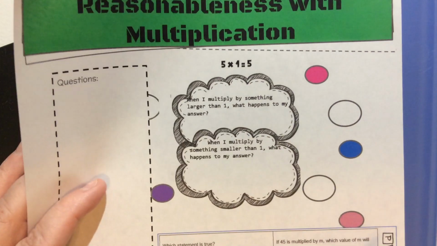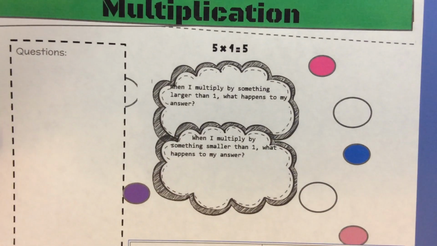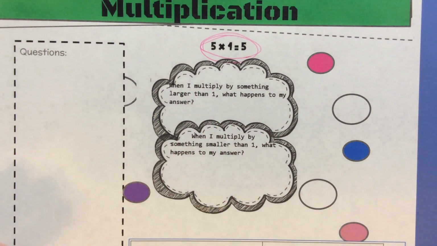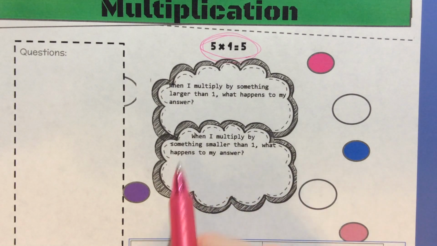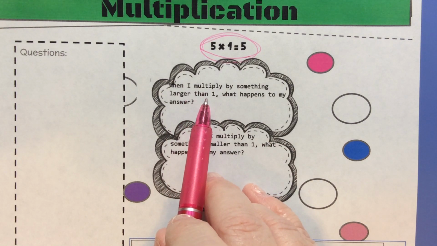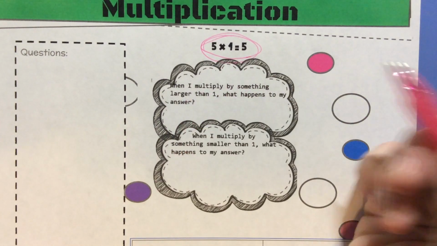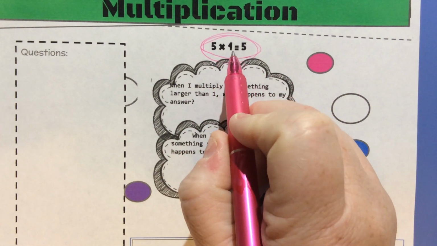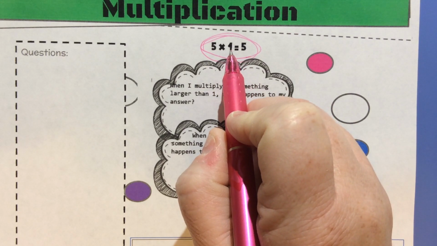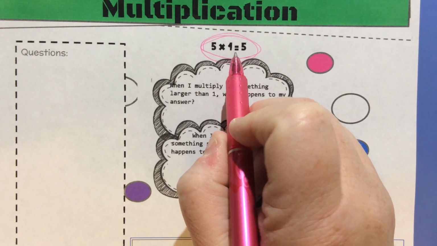Now, we're going to put it into some application here. Okay? Take this number here for example. 5 times 1 is 5. Anything times 1 is that number, right? So if I'm going to take this 5 and multiply it by anything larger than 1, it could be a 2, it could be a 7, or it could be 1.1, or 1.5.